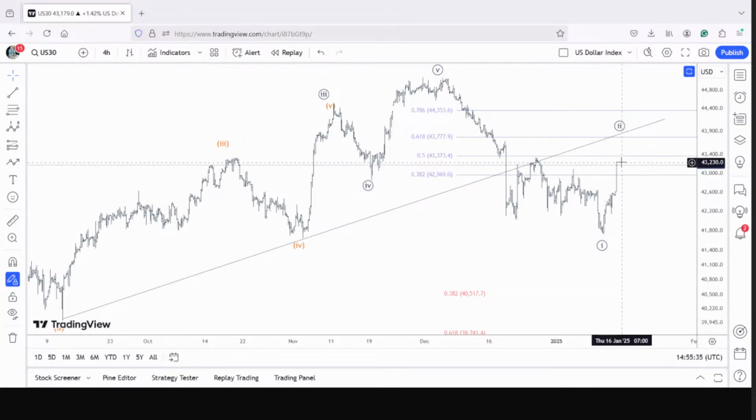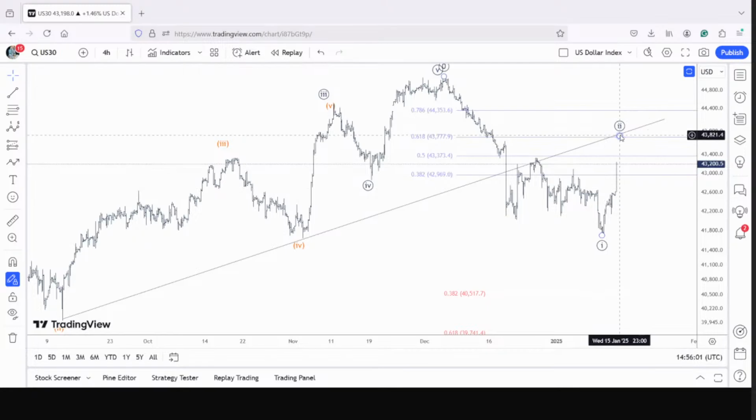Now, most of the trading community is going to start feeling that the downside is done, the corrective decline is done, wave 4 is complete, now we are into wave 5, or wave 2 is complete, we are now into wave 3. No, sir, you've got to be very careful. This is just a bull trap.